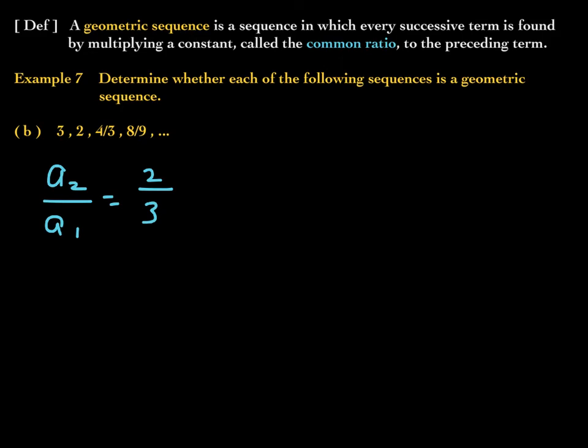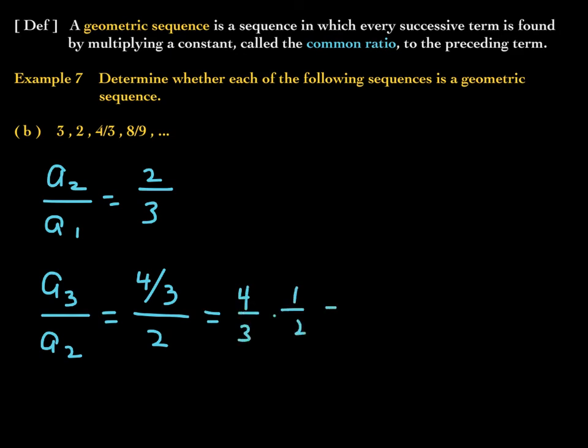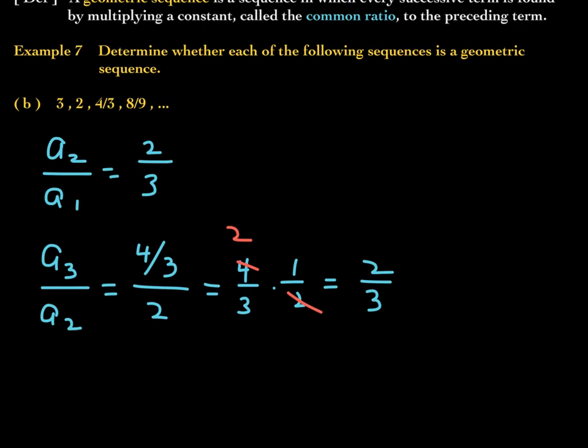Now let's check the third term and the second term. That would be 4/3 divided by 2. That's the same thing as 4/3 times 1/2, and you can cross cancel. 2 goes into 4 twice, and then you get 2/3. Hey, that's the same ratio that we got earlier, so far this is looking pretty good.